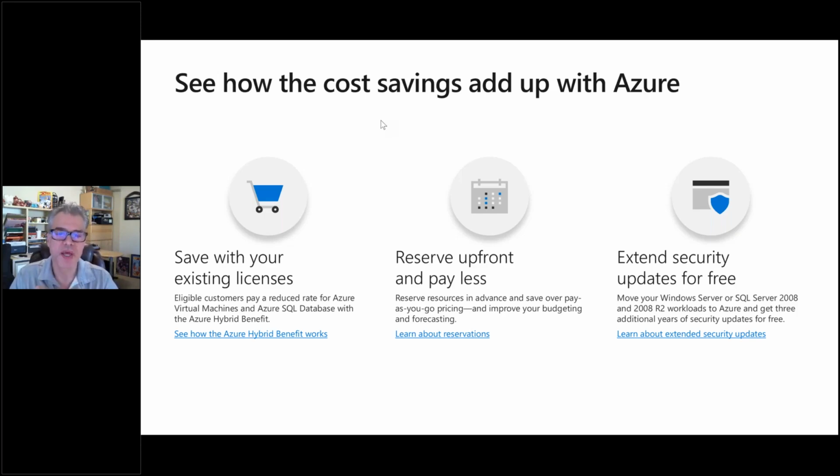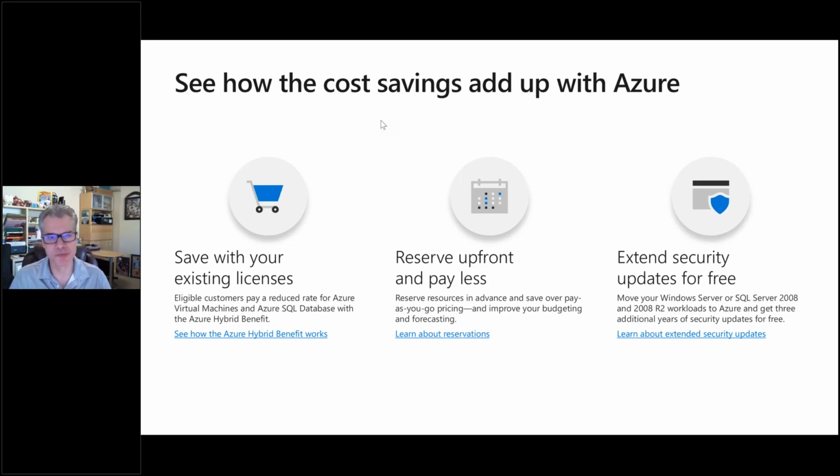So that's one way. Another thing you can do is something called the reserved instance, and this is common. Other cloud providers have this as well, but there are some things unique about the way that Azure does it, and it's a little complicated to get into the weeds of the details. But basically, if you commit to having Azure VMs or Azure storage even for a 1 year or a 3 year period, you don't have to pay for it all up front.